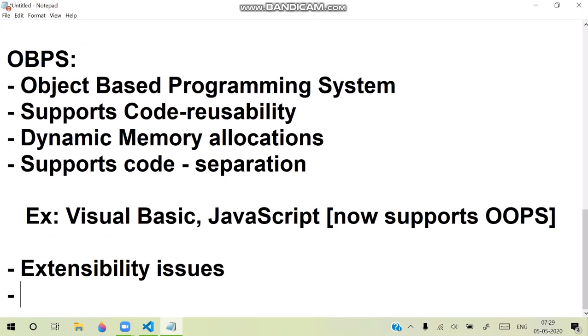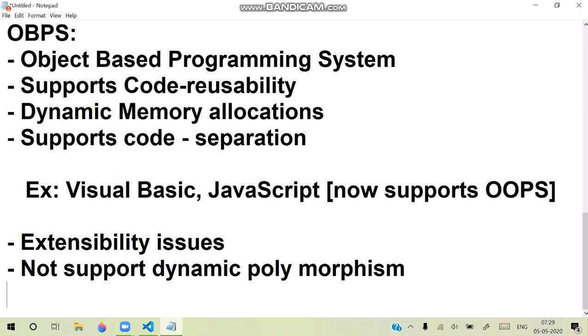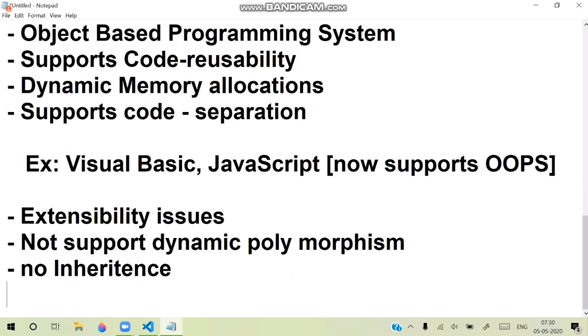And importantly, it will not support dynamic polymorphism, and it will not support inheritance. So no inheritance. That means only a few features are supported. It will not support all.